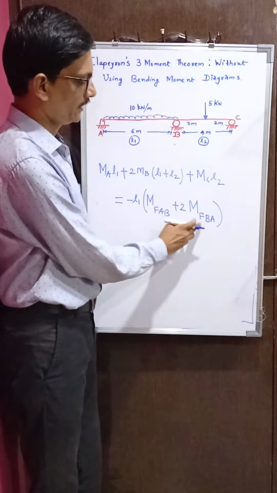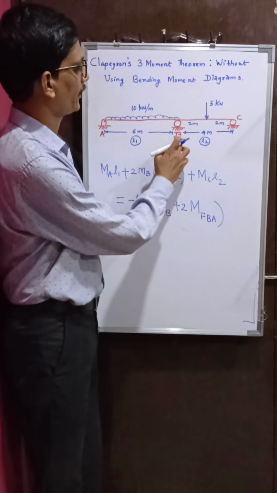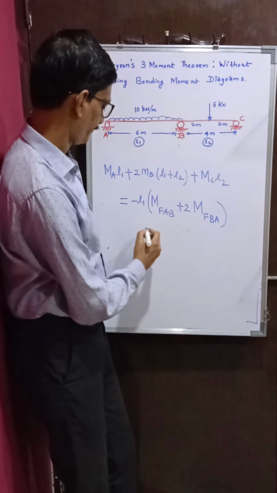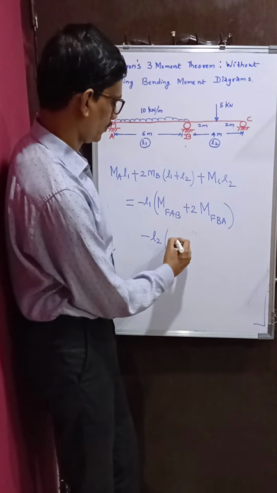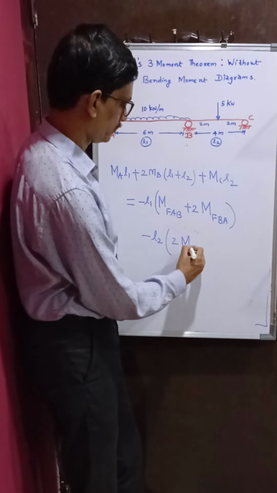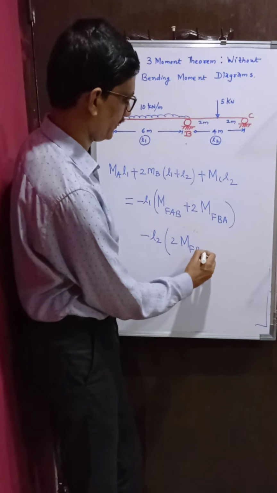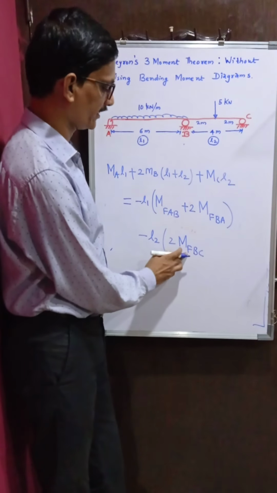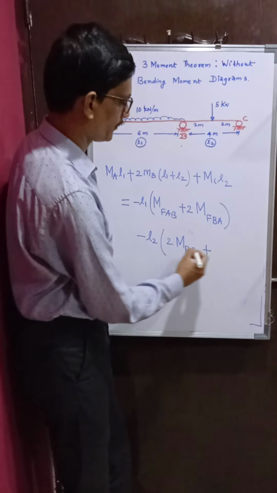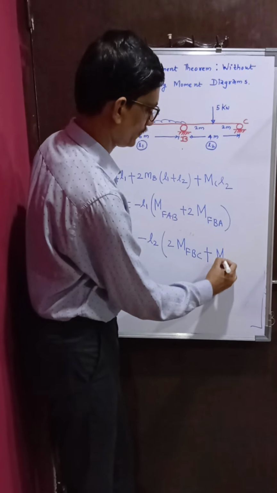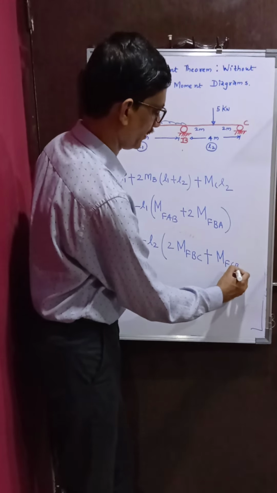where MFBA is the fixed end moment at B considering span BA, minus L2 into 2 MFBC, that is MFBC is the fixed end moment at B for span BC, plus MFCB.